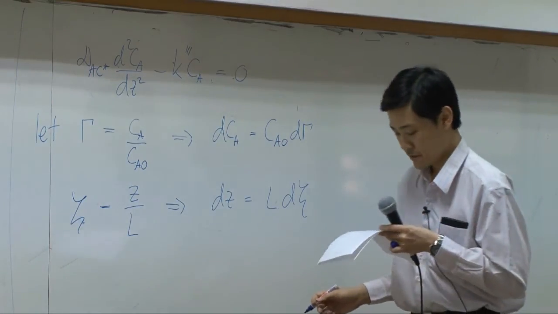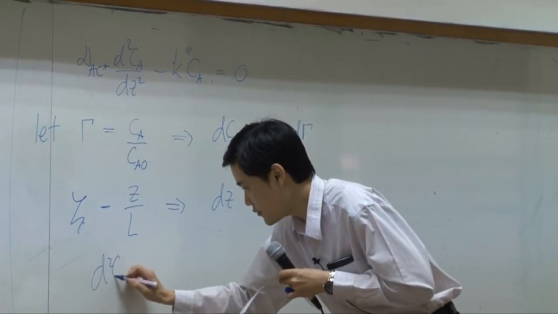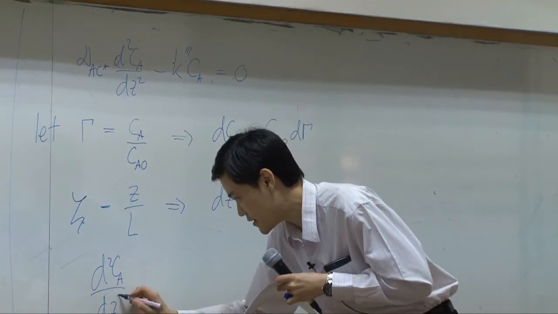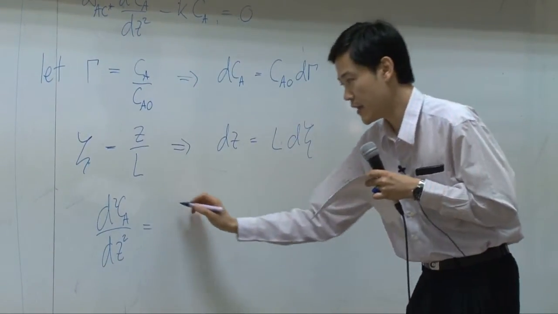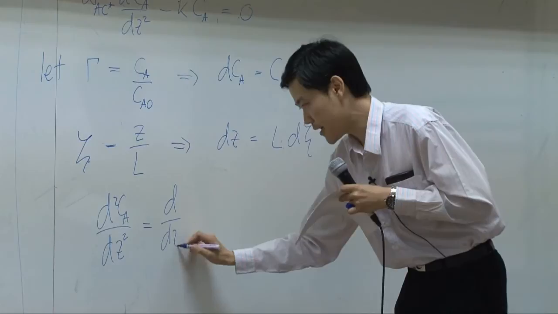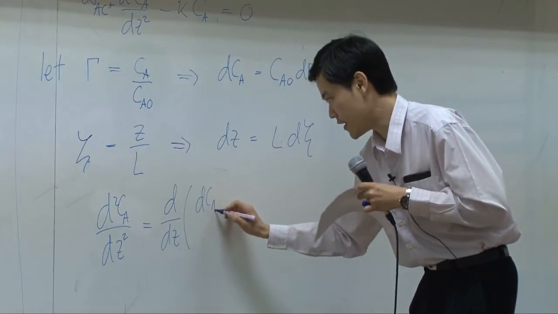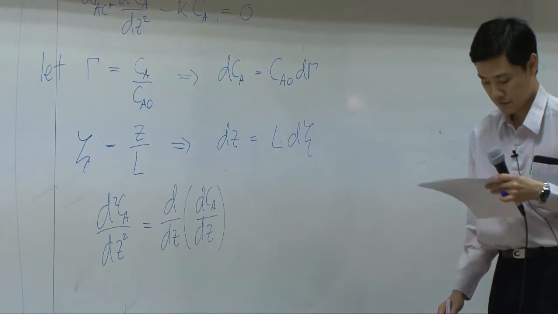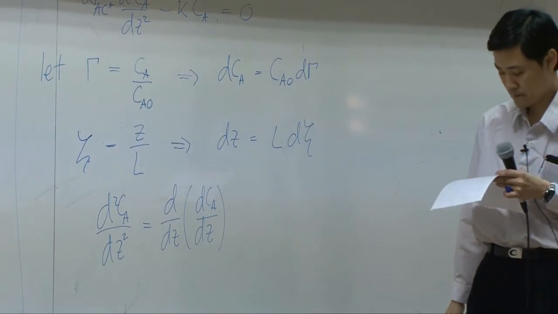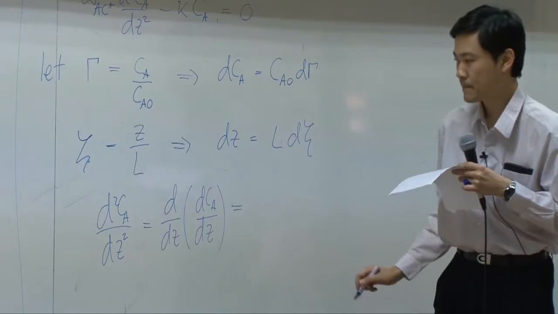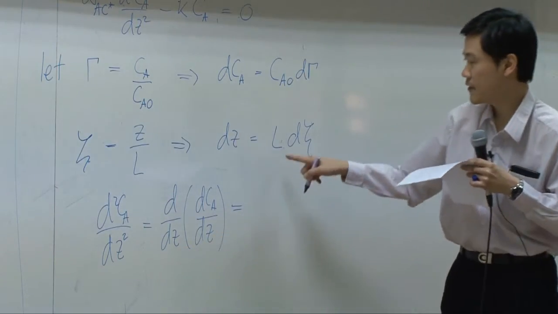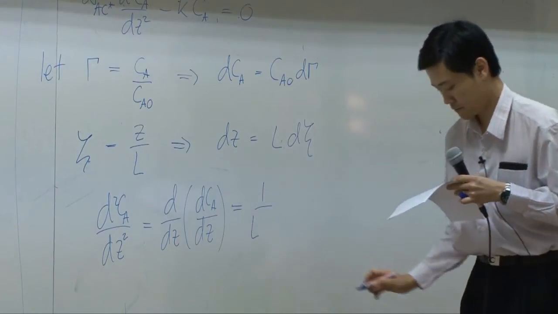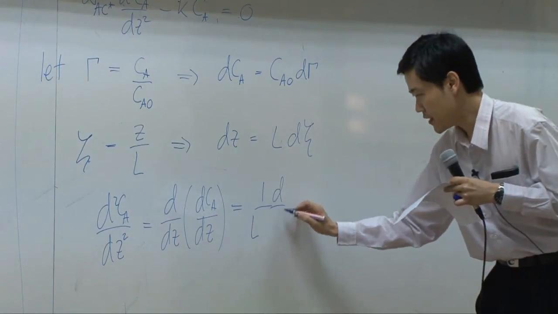So from here, at the end, you have second order dCa by dz squared. It should equal d by dz of dCa by dz, right? This is the definition of second order differentiation. dz itself is L d psi. So here is 1 over L d by d psi.